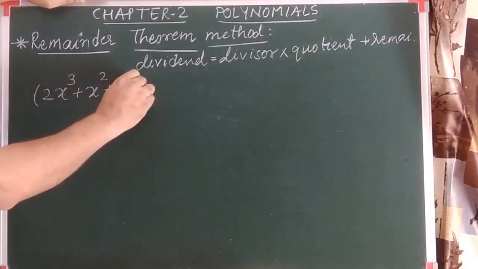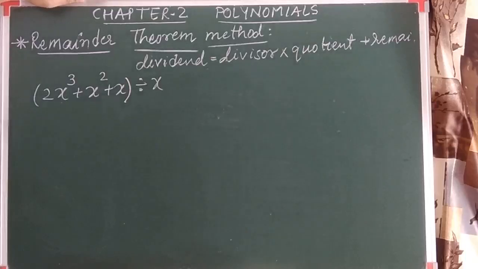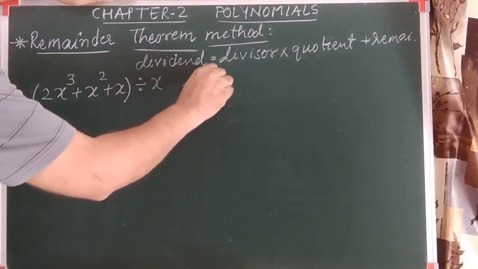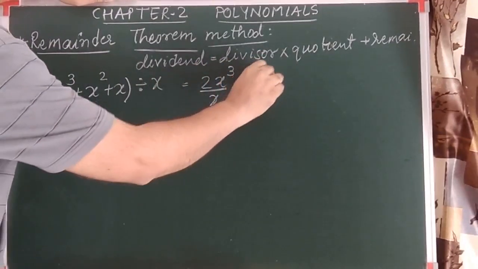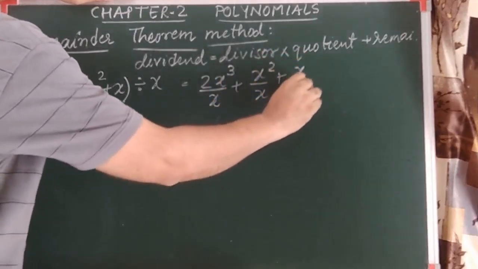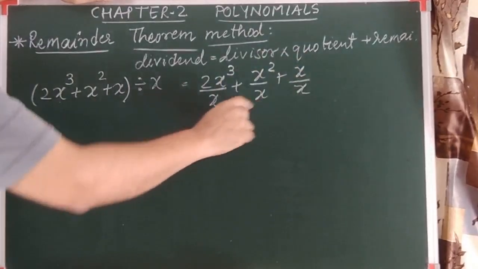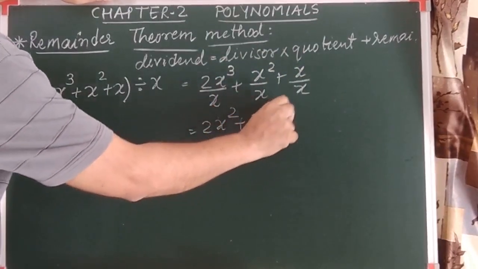When we divide this polynomial with a monomial x, let's see what the answer would be. 2x cubed divided by x, plus x squared divided by x, and x divided by x. As it is a monomial, we can write our answer as 2x squared plus x plus 1.